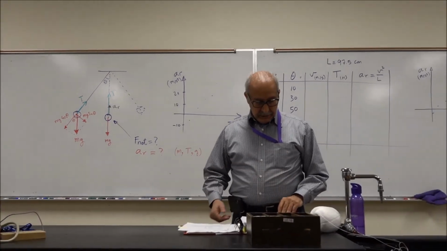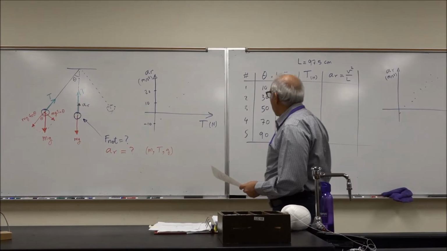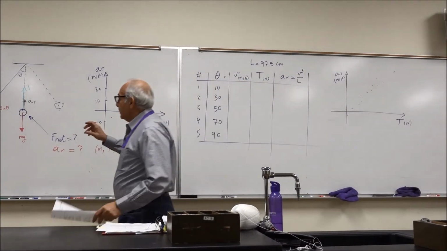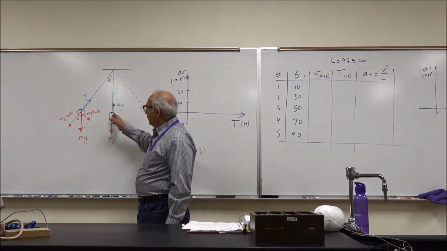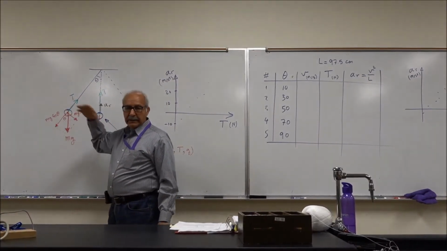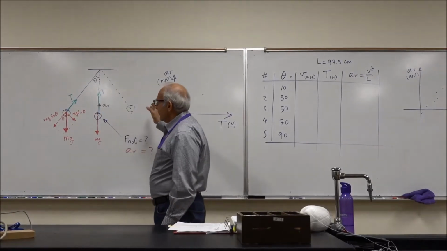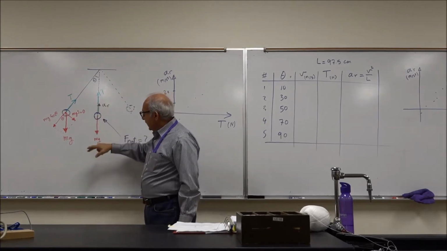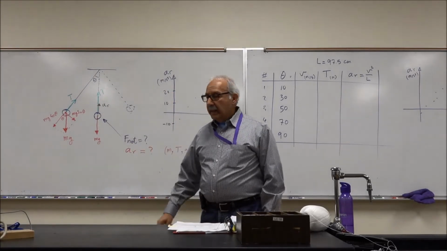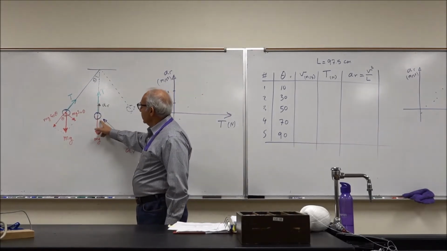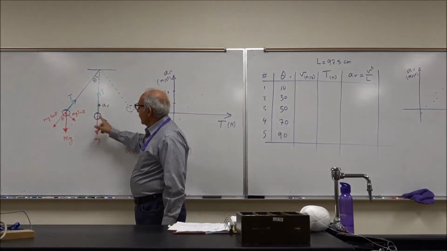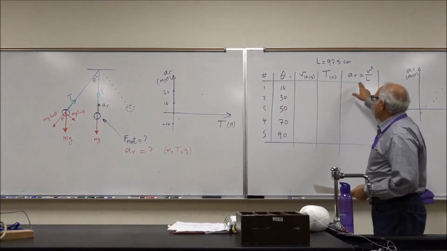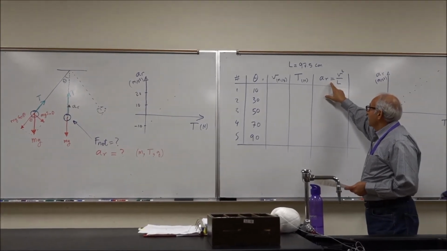And then for the lab itself, we are going to basically take the pendulum and pull it out to a certain degree and let it swing, and we would measure the tension at this lowest possible point here and record that, and then we can also find out what would be the value for the centripetal acceleration.